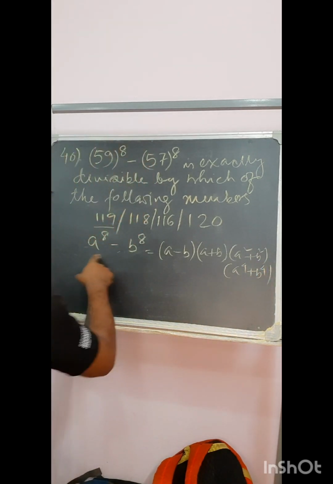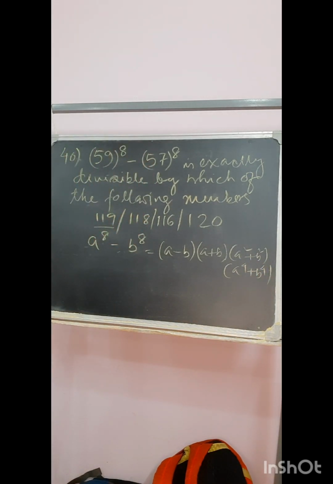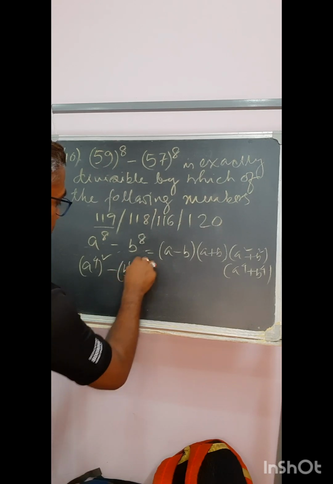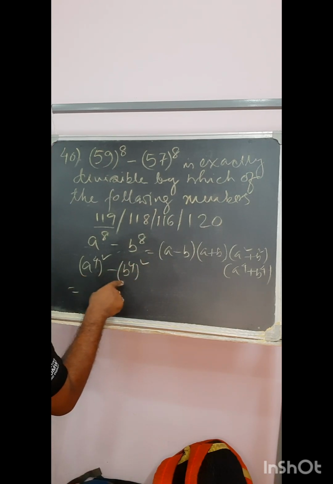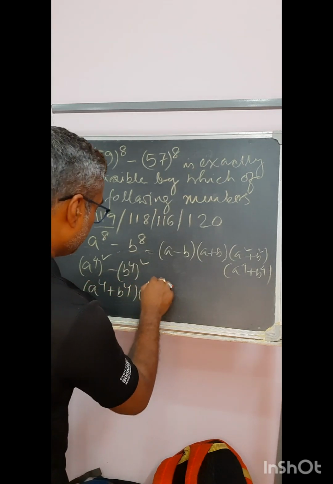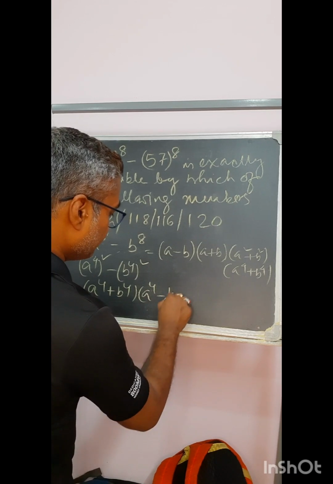How will I get it? If I assume a to the power 8 minus b to the power 8, it is a to the power 4 plus b to the power 4 times a to the power 4 minus b to the power 4.